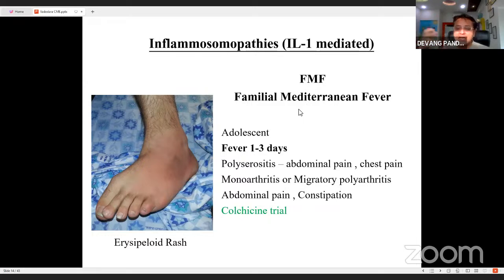The symptoms are chest pain, abdominal pain, some joint involvement, usually migratory polyarthritis, and an erysipeloid rash, which is a typical sign of FMF on the dorsum of the feet. You have to suspect FMF clinically, but obviously there should be recurrent episodes, not a single episode. If you do not have the facility for genetics, you can just give a simple medicine, a colchicine trial. If you have a dramatic response, it will retrospectively prove your diagnosis.